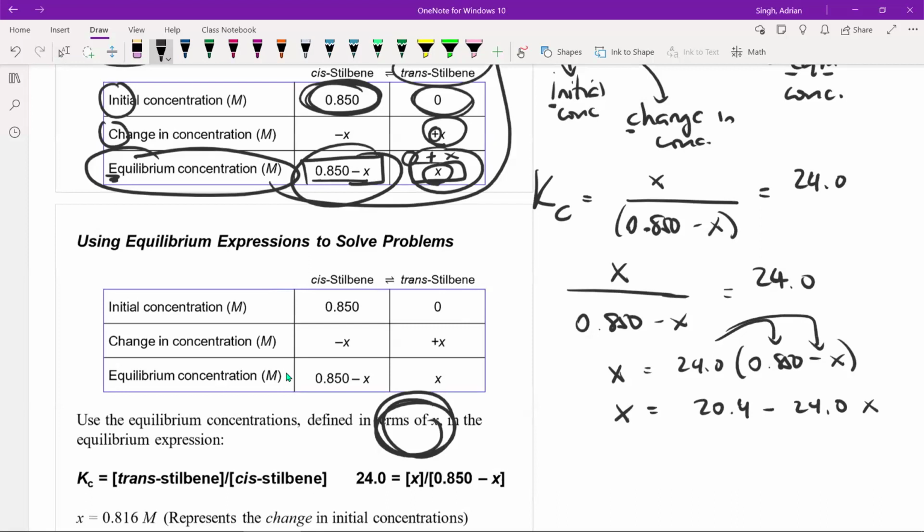We isolate the x terms on one side. So x plus 24.0x is equal to 20.4.